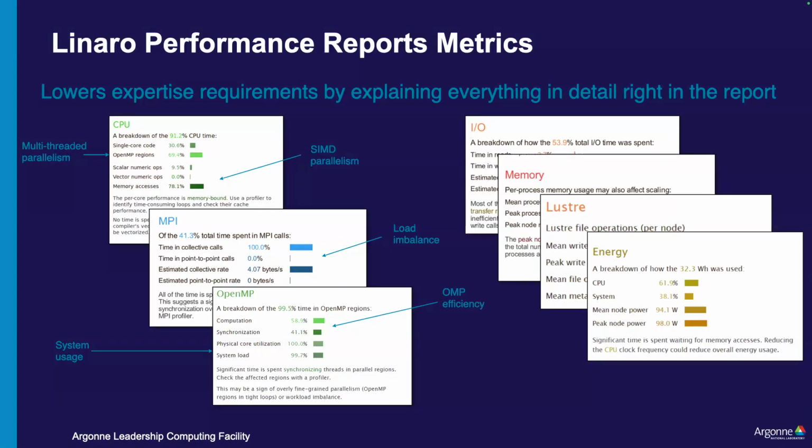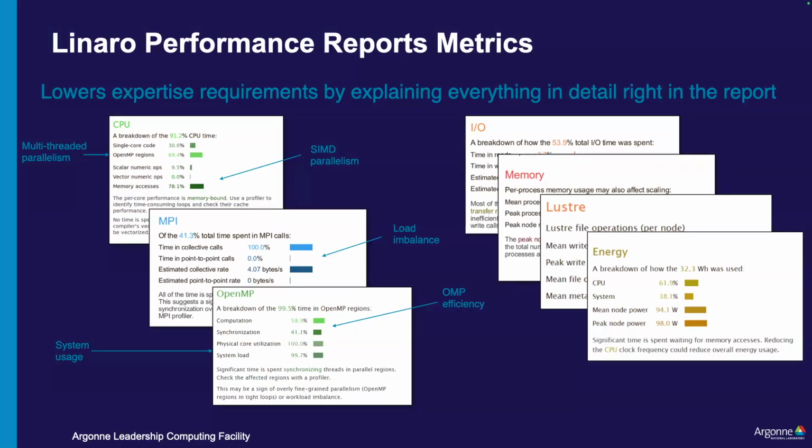So we can also get a breakdown of OpenMP, and you can look at synchronization. So for example, if you have more OpenMP threads just spending a lot of time synchronizing and not spending their time doing work, that could cause synchronization issues, then you can have a look at that to see how you can make that more efficient.